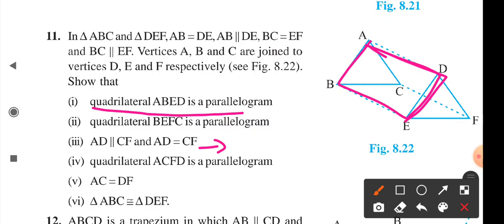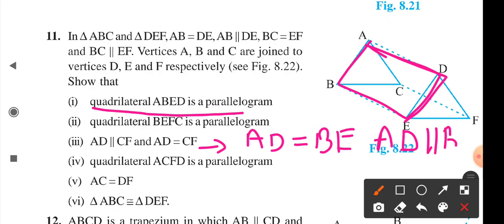So you can say that AD is equal to BE and similarly AD is parallel to BE. Now similarly see the second part, it's BEFC.